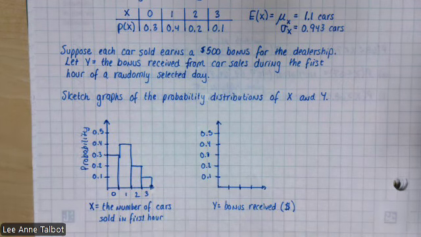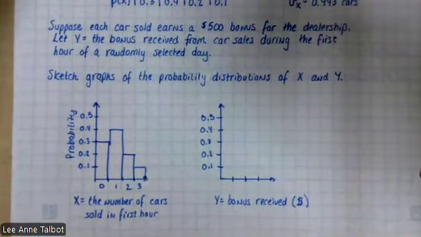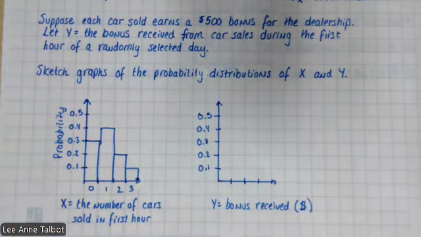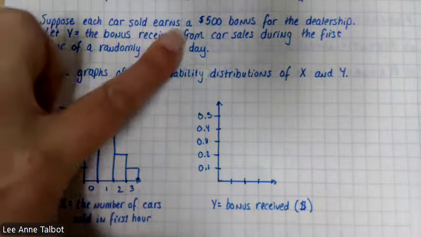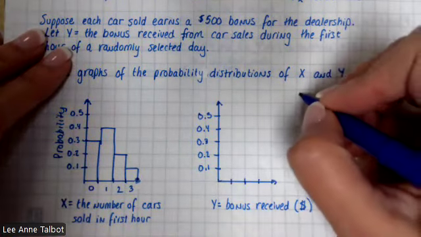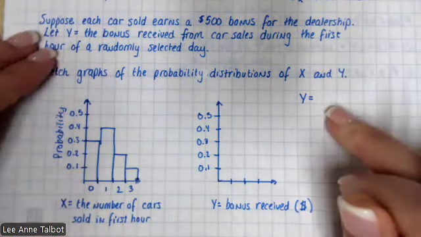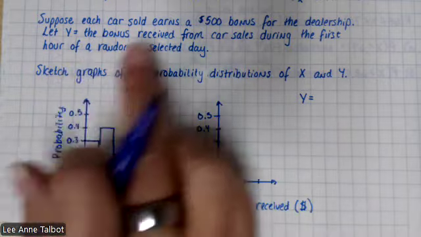Okay, so we're going to do several things over on the side here. The first thing we're going to do is figure out what the equation of Y is. Suppose each car sold earns a $500 bonus for the dealership. What operation is that? $500 for each car.